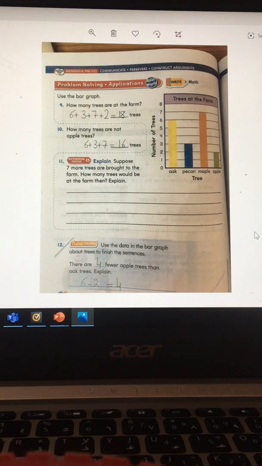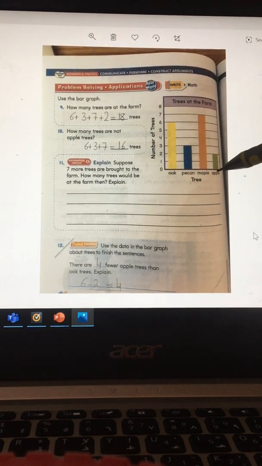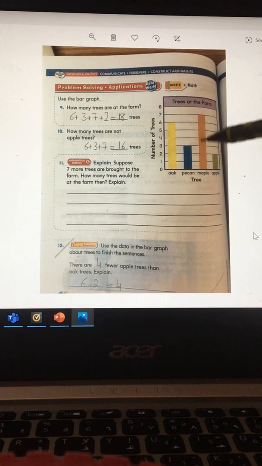Now let's move on to question number 10. How many trees are not apple trees? As we said in the previous bar graph, we are going to add all the trees that are not apple trees, which are the oak trees, the pecan trees, and the maple trees.